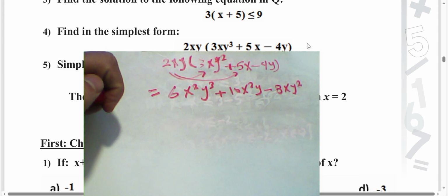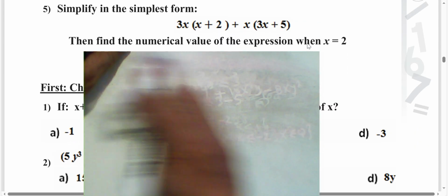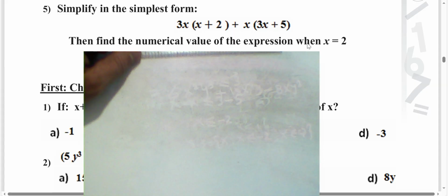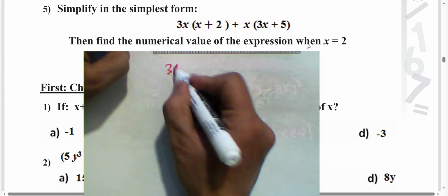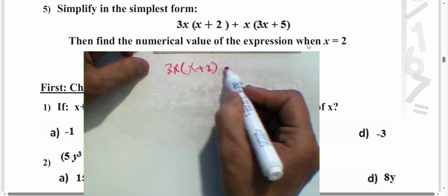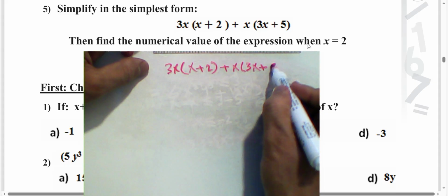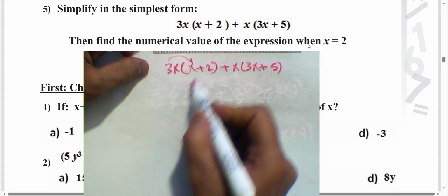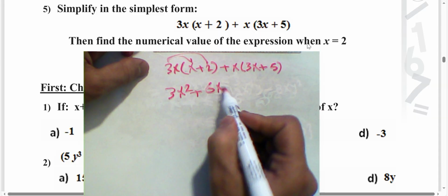It's the last solution. Now I will simplify this expression and then find the value when x equals something. We have 3x product by x plus 2 in brackets plus x product by 3x plus 5. First step, 3x times x is 3x power 2 and 3x times 2 equals 6x.